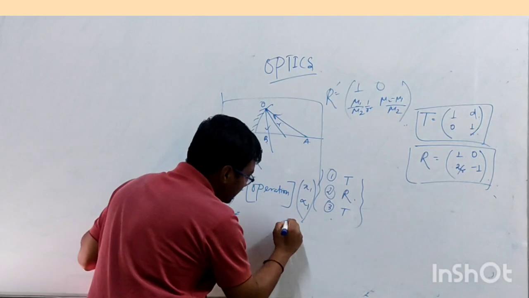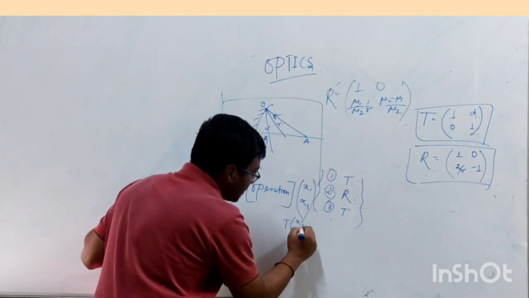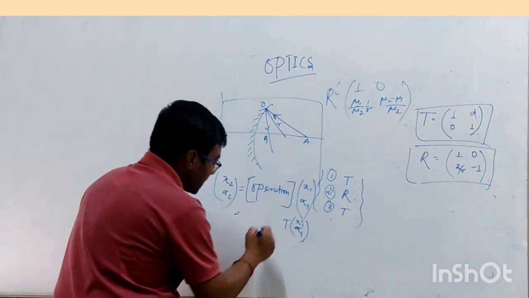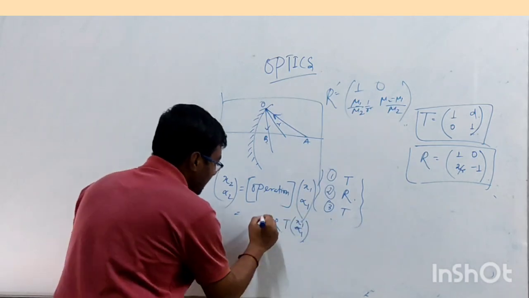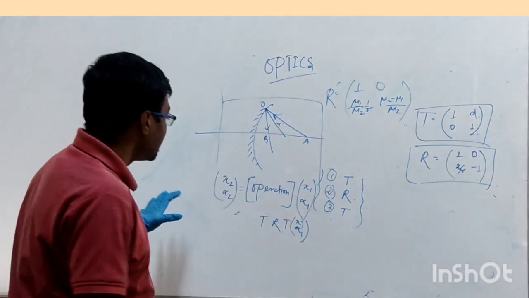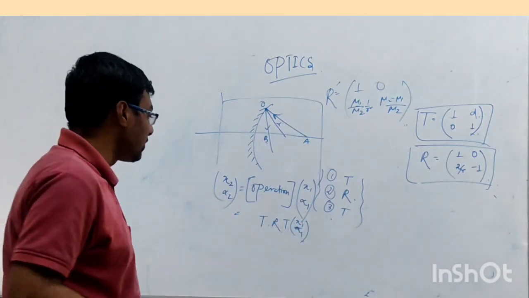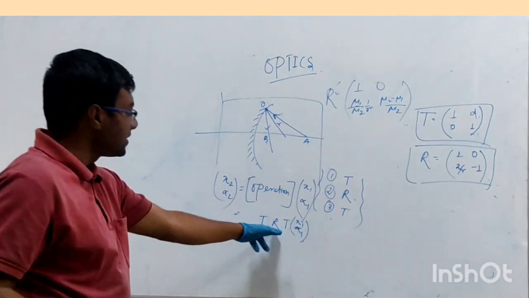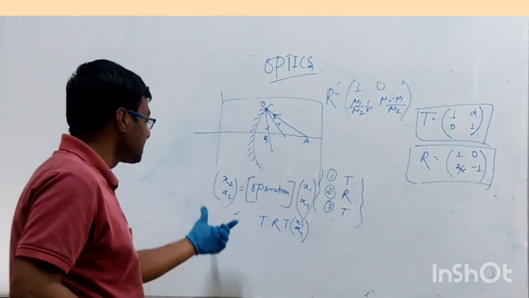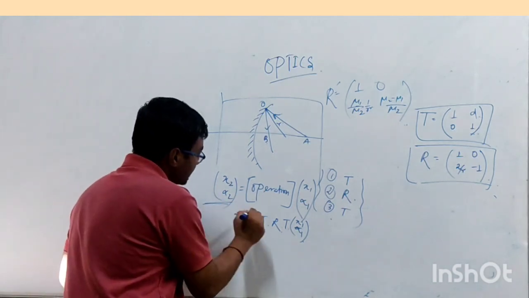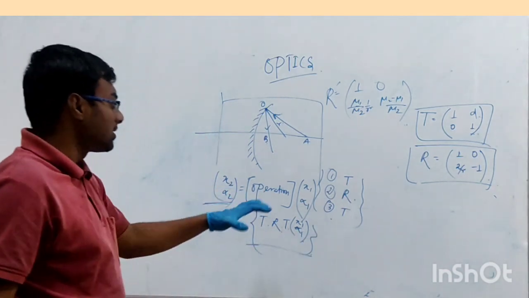At first translation, so translation into x1 alpha 1, then after that reflection, then another translation. So if we multiply at first the translation matrix with x1 alpha 1 and after that the reflection matrix, then the translation matrix, we can get the final destination of the light point under some boundary condition.